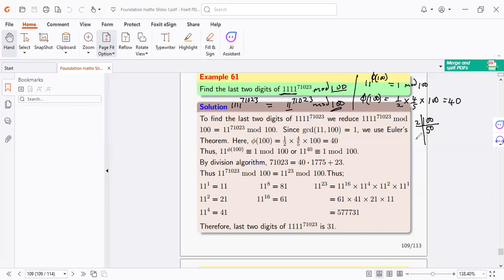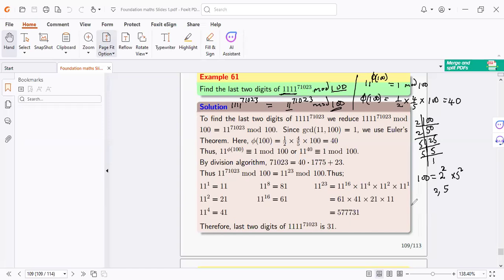This would be 50, decompose again 25, and then 5 there would be 5, and 5 here would be 1. So I've seen that 100 can be written as 2 raised to 2 times 5 raised to 2. What is important are the prime factors. The prime factors in 100 are 2 and 5. That is what is important.